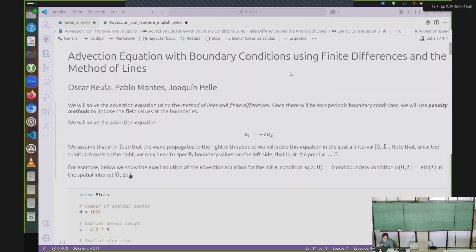So what we are trying to do here is to solve the advection equation with boundary conditions using finite differences and the method of lines.